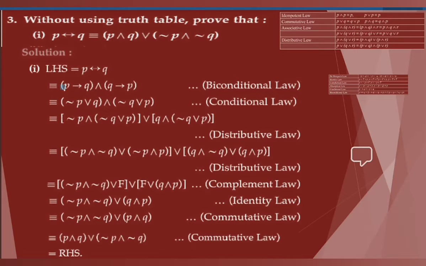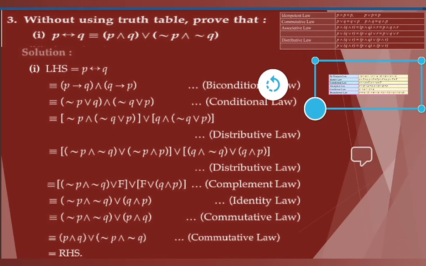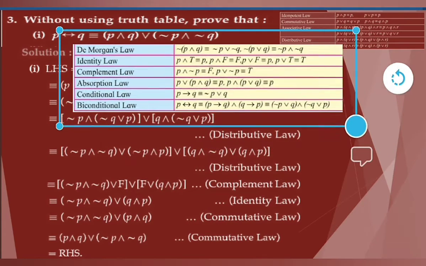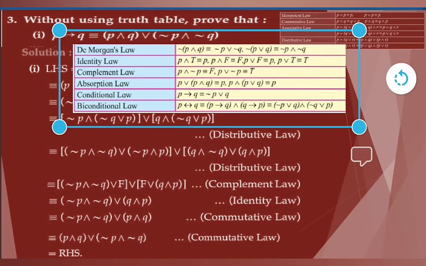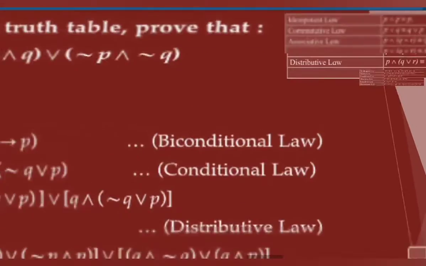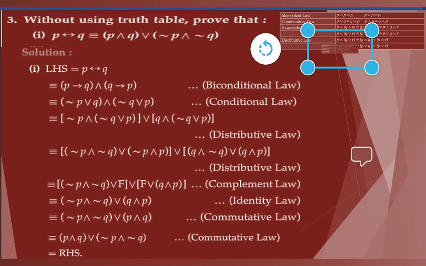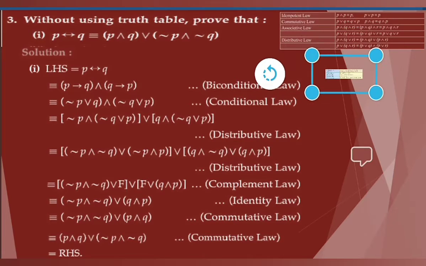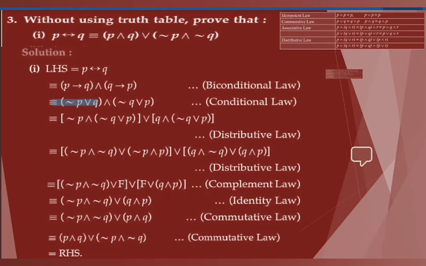Conditional law means P implies Q is equivalent to negation P or Q. Here we write negation P or Q as it is, and here negation Q or P, applying the conditional law.